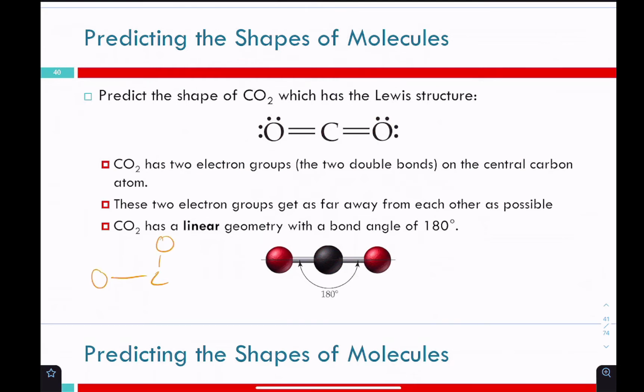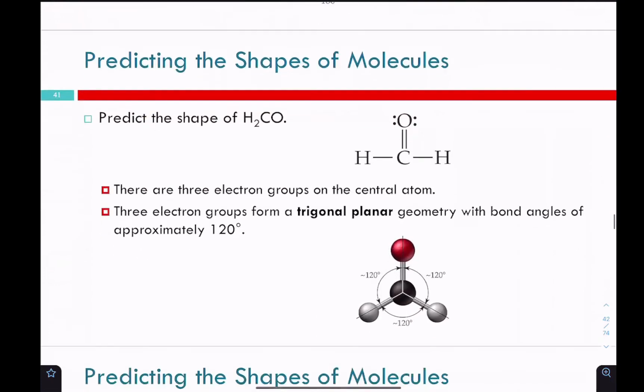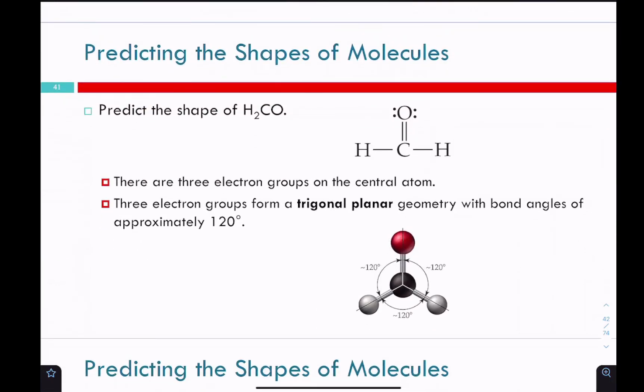They get as far apart as possible. This is the idea here. I don't think I need to pull up a simulation for this one. It makes a straight line. I think this one's pretty easy to understand.